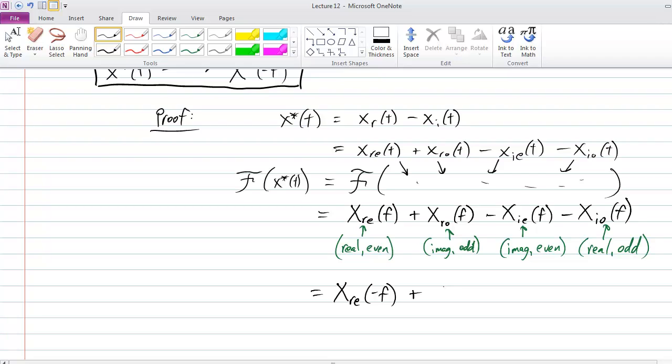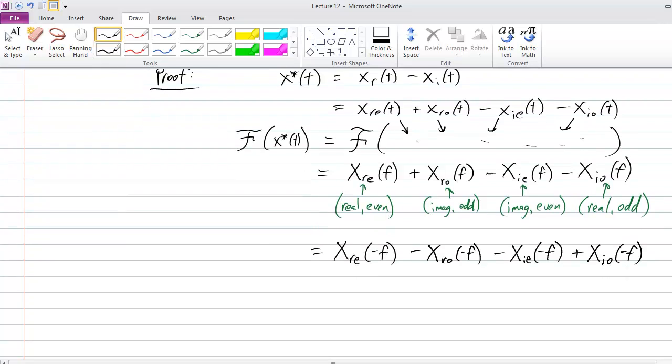That's the definition of an odd function. So I should say minus x real odd of negative f. And here I have even again, so I can do minus x imaginary even of minus f. And then a plus x. So you see I just used the properties of odd and even to do that step.